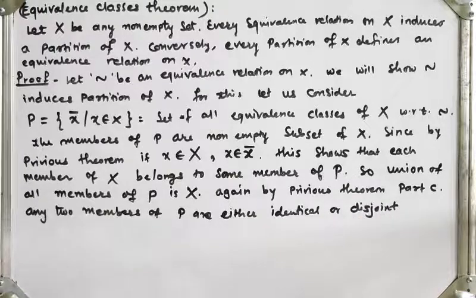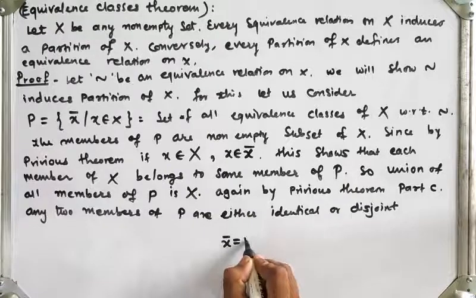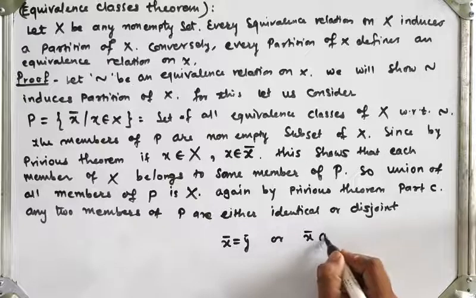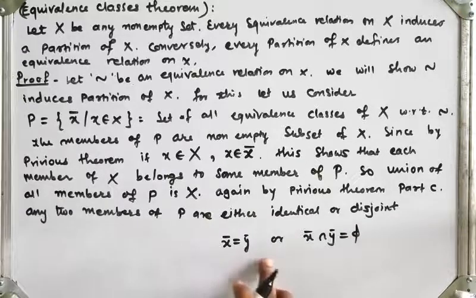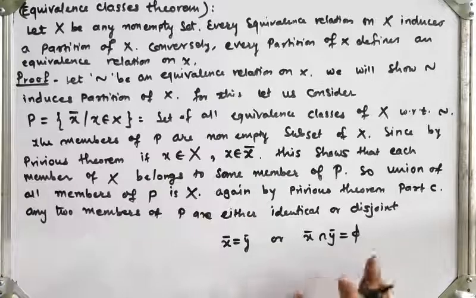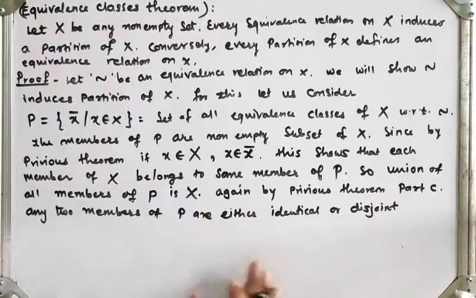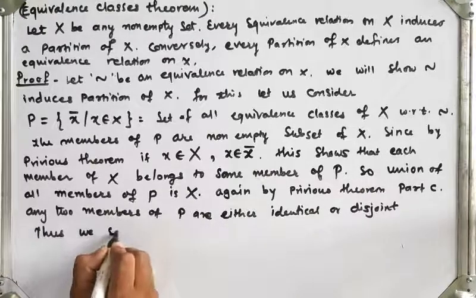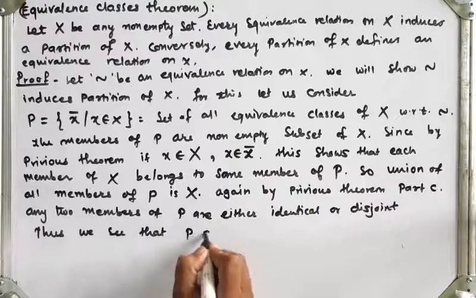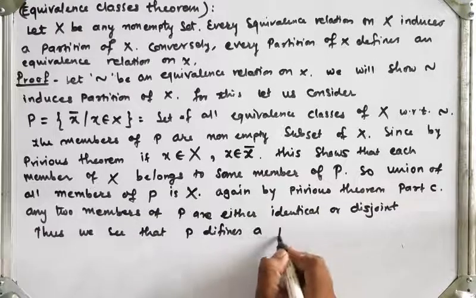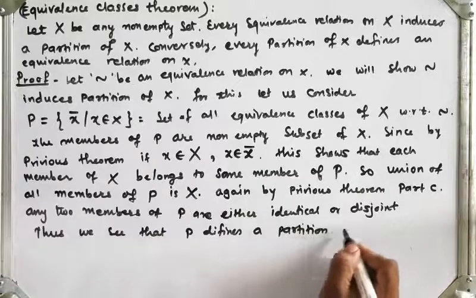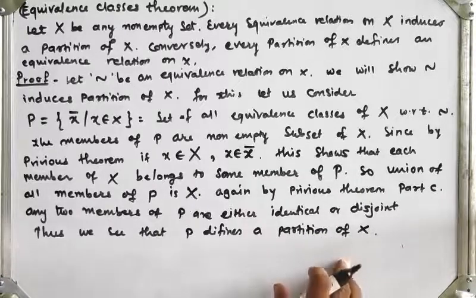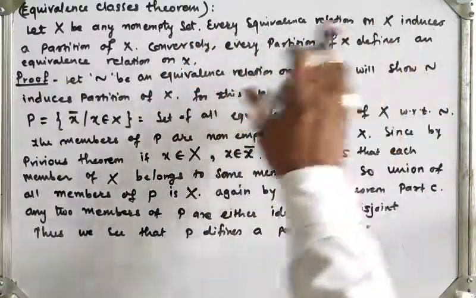It means that for any two sets, either x bar is equal to y bar, or x bar intersection y bar is phi. We have seen in the previous theorem that if P is a partition of a set, then any two members are either equal or their intersection is empty, right? Thus we see that P defines a partition of set X. This proves the first part: every equivalence relation on X induces a partition of X.